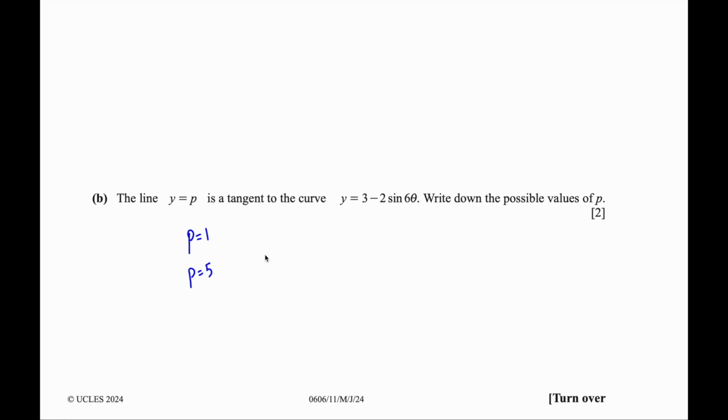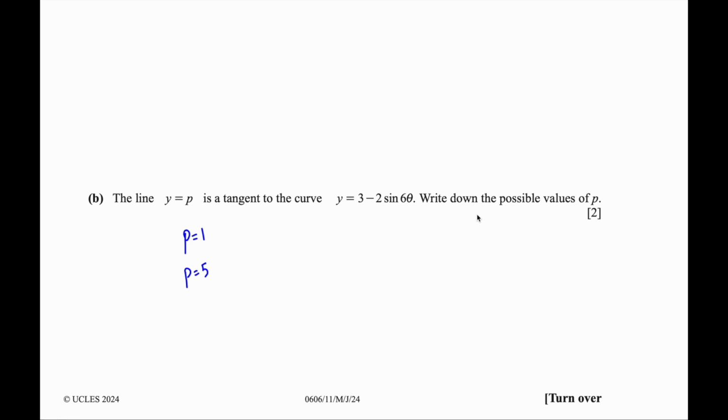In part B, we're told that a line y equals P is a tangent to the curve y equals 3 minus 2 sine 6 theta, and I have to write down the possible values of P. It might sound a little bit difficult at first glance, but if you recall any sine or even cosine curve, they have a maximum and minimum point.